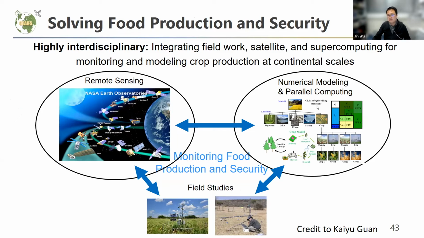And if we want to go beyond understanding and monitoring the current status to make future food security policy, then we potentially also want to use computer models to forecast different management practices, their potential feedbacks, and how future climate change can potentially affect crop yield. So we also want to collaborate with scientists working on the numerical modeling part as well. So it's a highly interdisciplinary research effort.